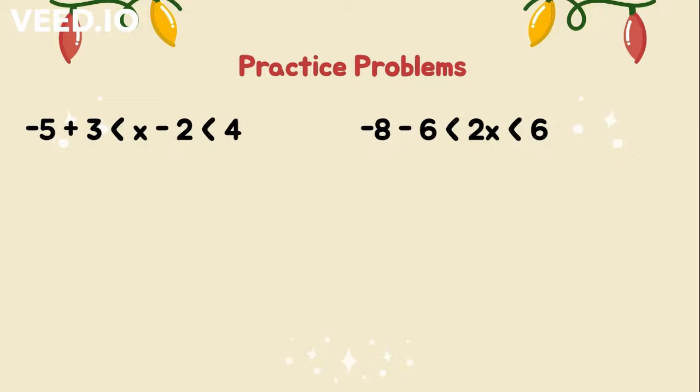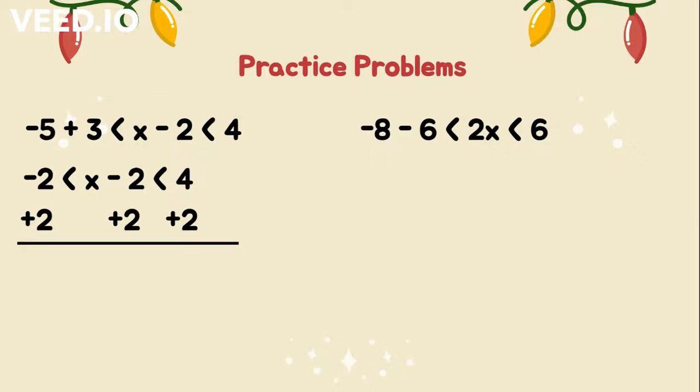You can change that into -2 < x - 2 < 4. Now there's less things to solve. We want to isolate the variable x. So in order to cancel out the -2, we're going to be adding 2 to all of these numbers. When we do that, your final answer will be 0 < x < 6. And box it to show that that will be your final solution.